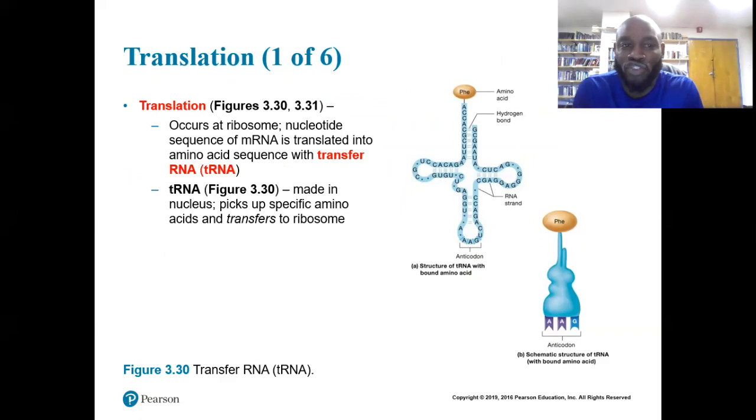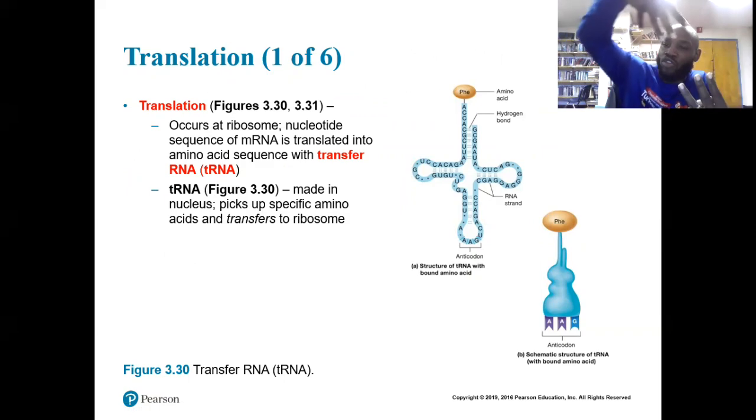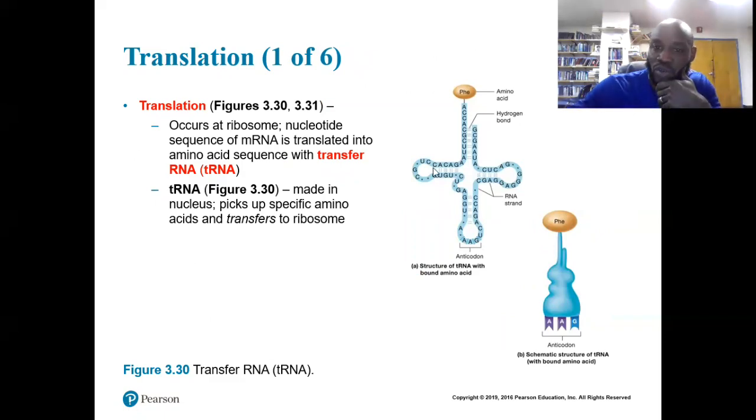Then we have translation. It occurs at the ribosomes. Like I said, each codon, each 3 nucleotides on the mRNA, pairs with an anticodon, 3 nucleotides of the tRNA, and then that's connected, as you see here, to an amino acid.